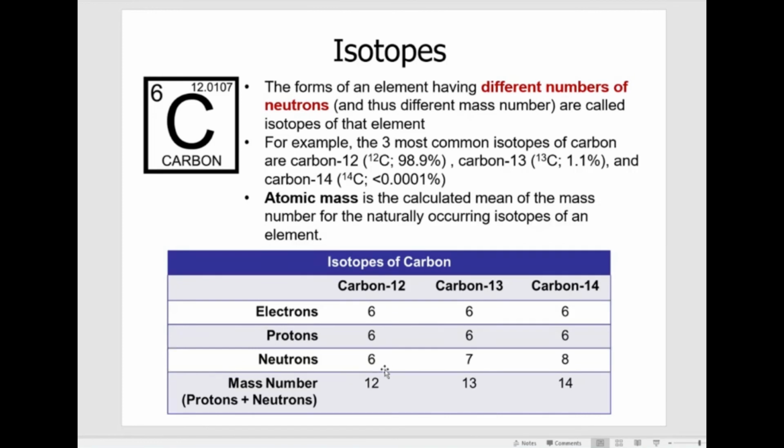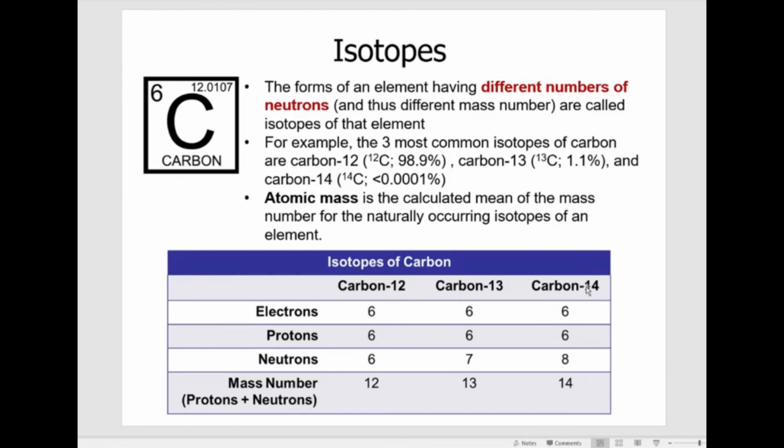So you can see carbon 12 has 6 neutrons, so 6 plus 6, the atomic weight is 12. We also have other forms, carbon 13, that has 7 neutrons, so the weight is 13, right? 6 plus 7. And then carbon 14 has 8 neutrons, so 6 plus 8, that's 14.